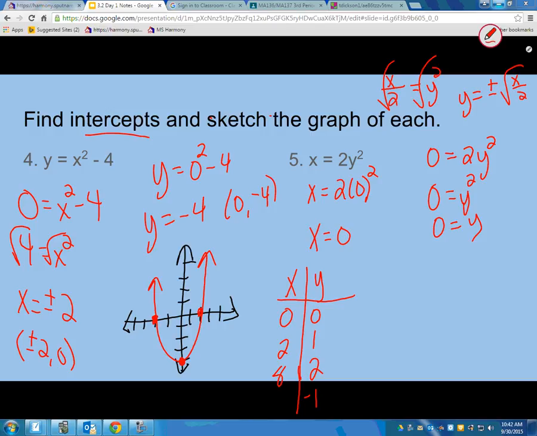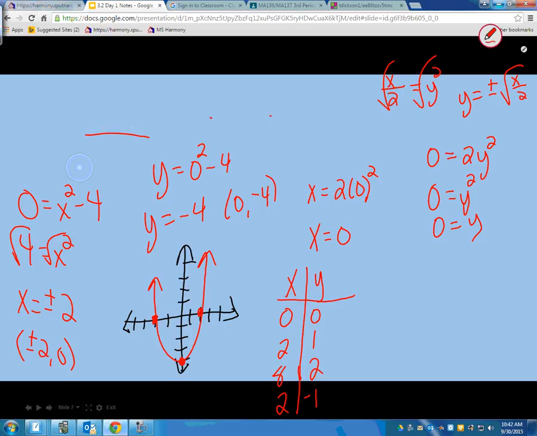What if I picked -1 for y? I also get 2. So to me, it seems just like the parabola. Like over here, if I plugged in negative for x's, I get the same thing. Only now I'm picking different numbers for y, same numbers for x here.